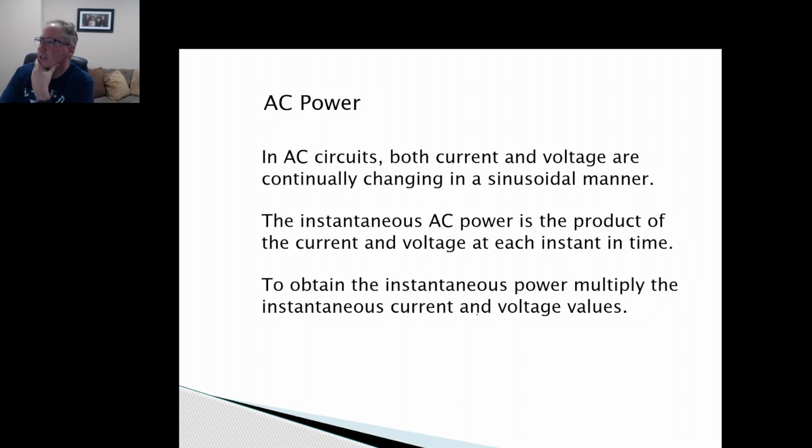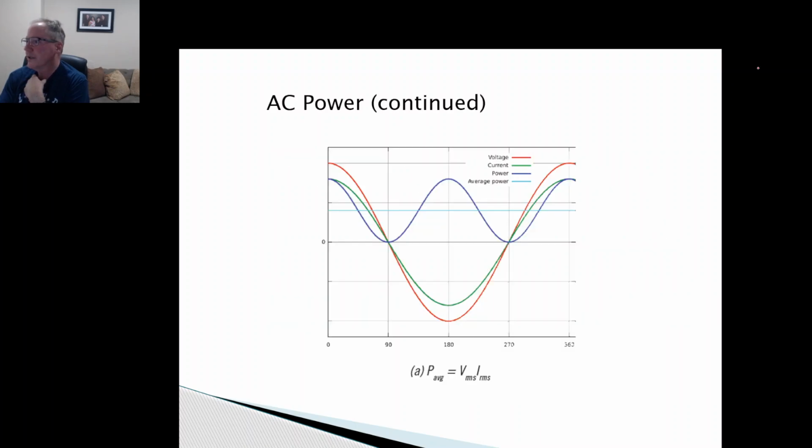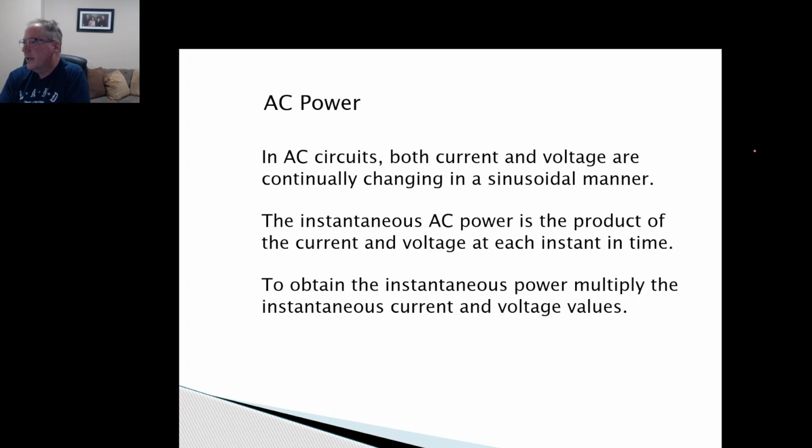All right, so now let's talk about power. Now, instantaneous AC power is the product of the current and the voltage. Power equals I times E. So the instantaneous AC power is the product of the current and voltage at each instant in time.